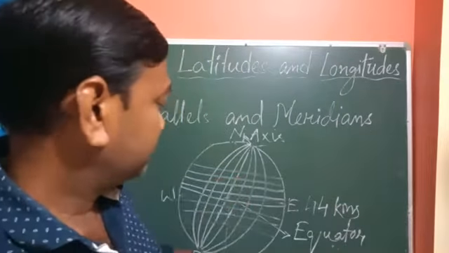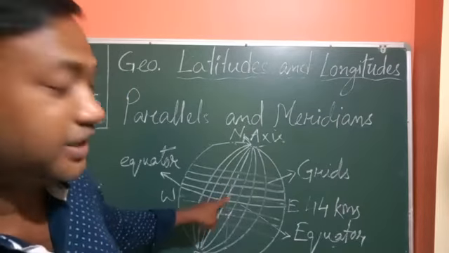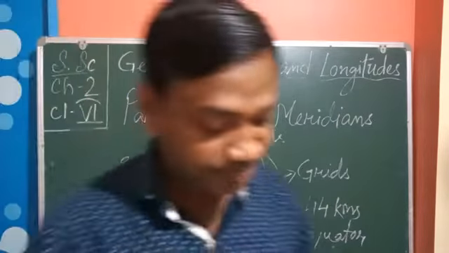That means in the middle is the equator, and these are parallel lines, parallel to the equator. These circles are called parallels or lines of latitude. These are all lines of latitude.